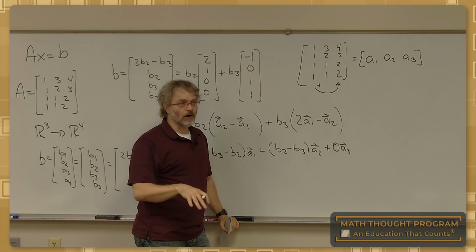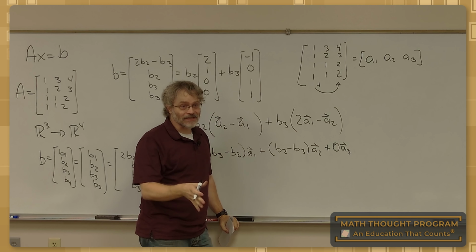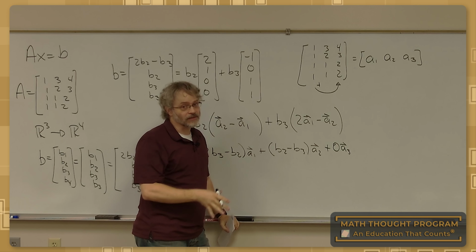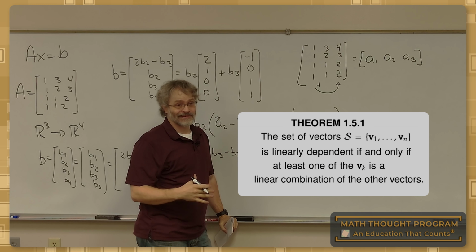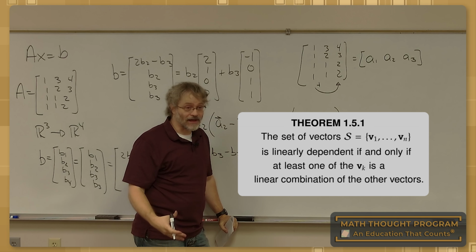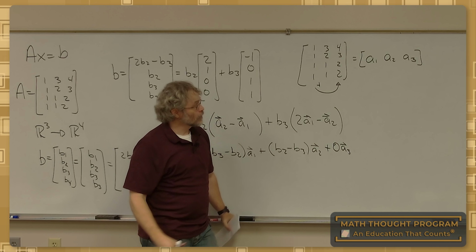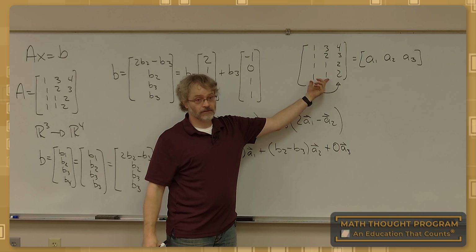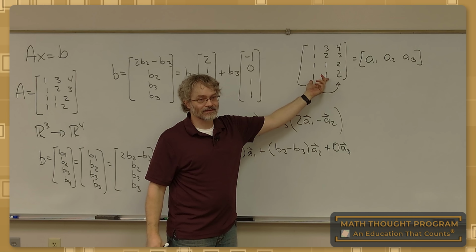And if a column or a vector is in the span of the other vectors, what can you say about that relationship between the vectors? They're going to have to be linearly dependent. But with these two vectors, these vectors are going to be linearly independent.